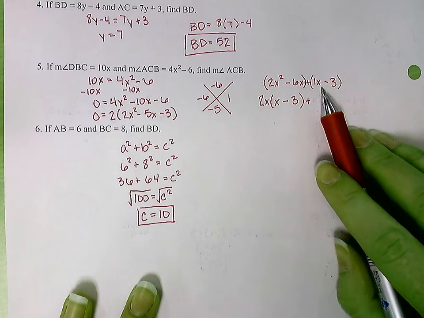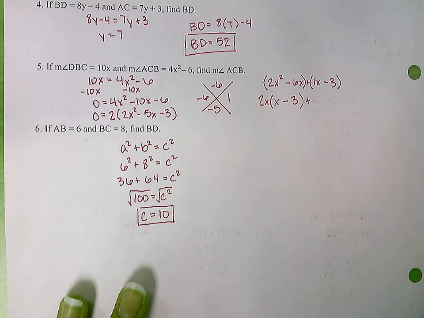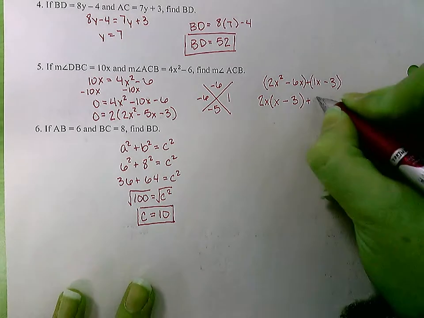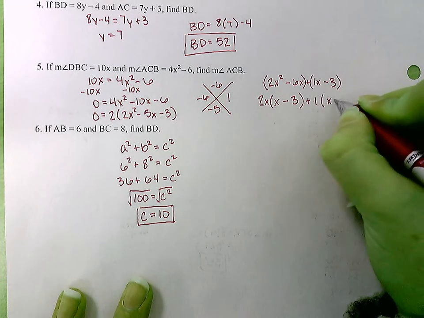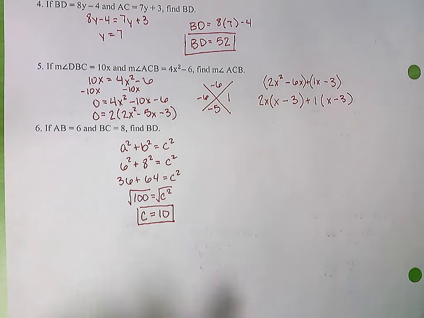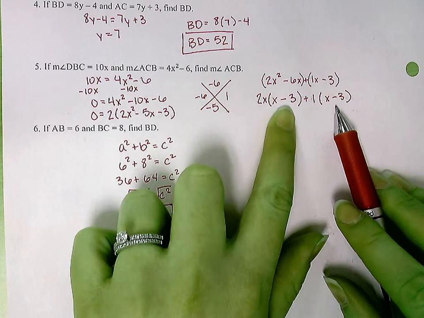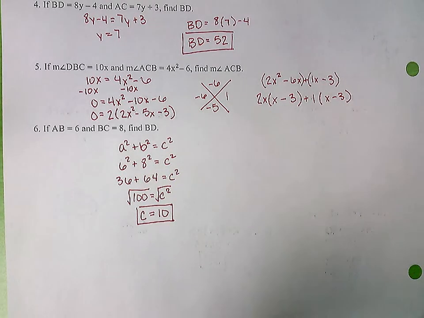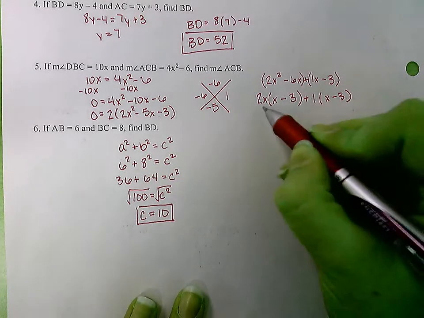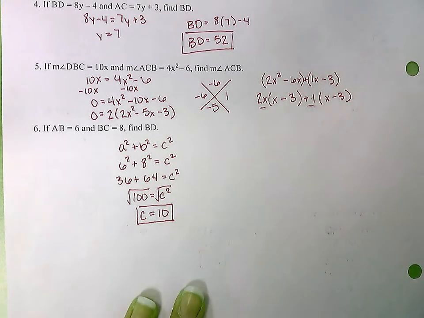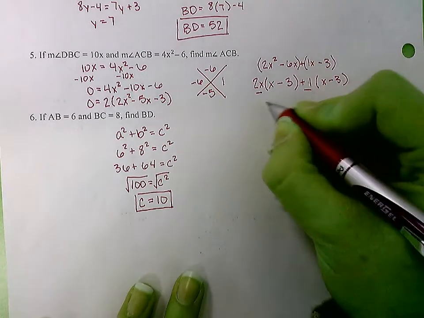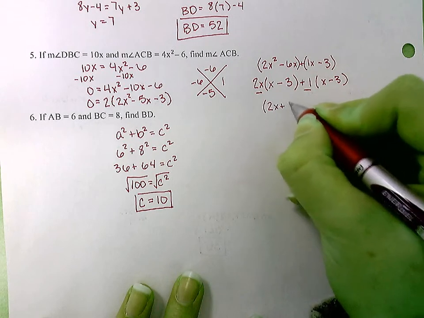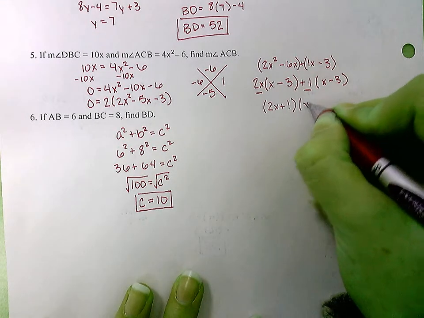For this one here, I can't factor out anything, so that's technically just 1. And I still have x minus 3. Okay, notice both of these say x minus 3. That's one of your factored parentheses. Your other one is this 2x and this plus 1. Okay, so I have 2x plus 1 and x minus 3.